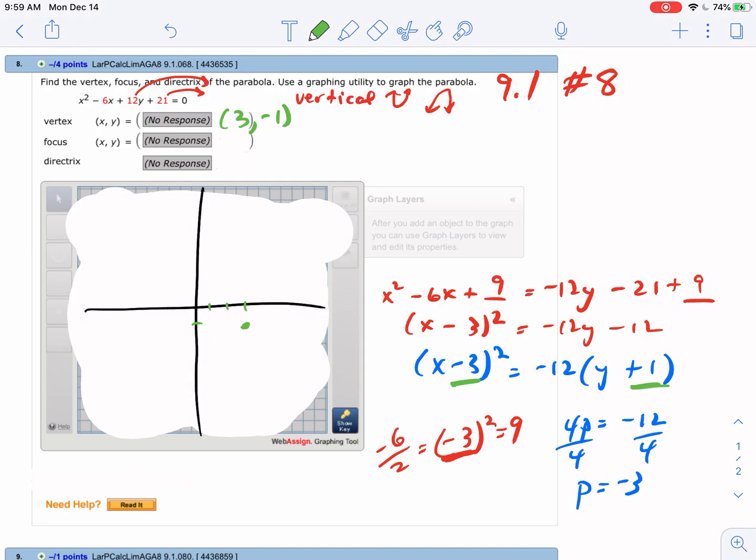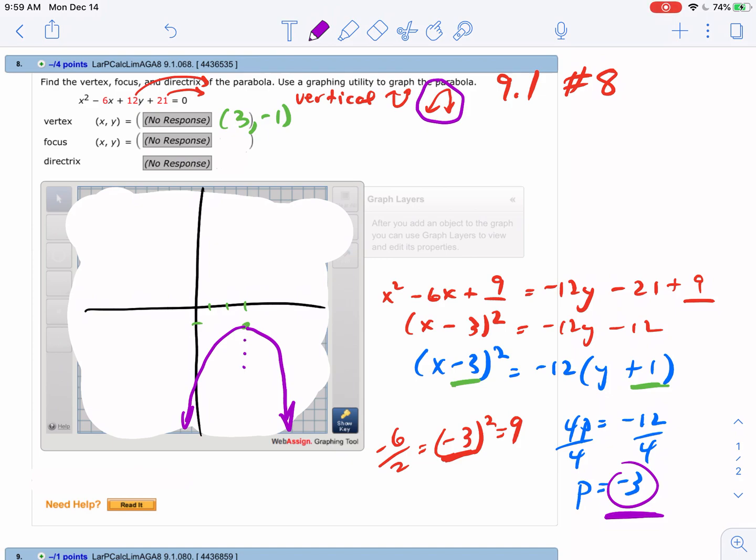And then we have to find the focus. Because the p-value was negative, I know my parabola is going to be opening down. I also know that if the p-value is 3, that means I'm going to go to my vertex now and count down 1, 2, 3.